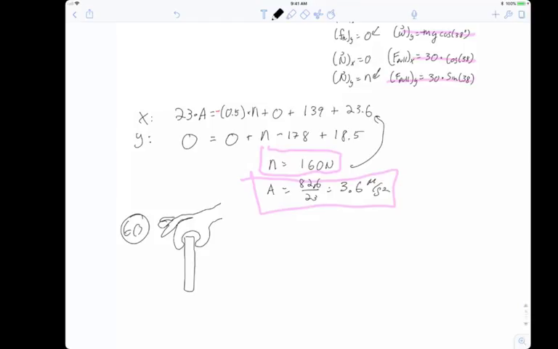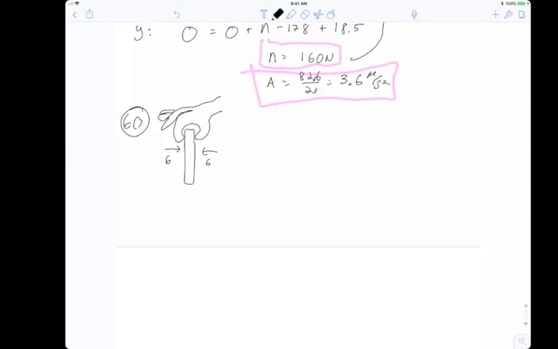Okay, so it says, a person with compromised pinch strength in his fingers can only exert a normal force of 6 newtons to either side of a pinched object. I guess that means that this force is 6 newtons and that force is 6 newtons. Such as the book. What's the heaviest book he can hold on to before it slips out of his fingers? The coefficient of static friction is 0.8.